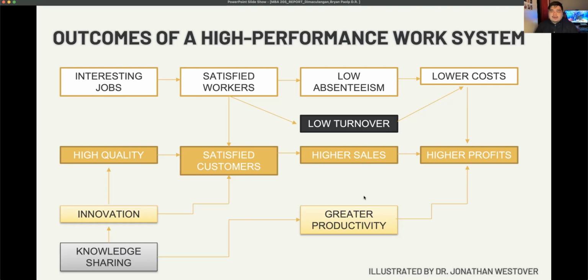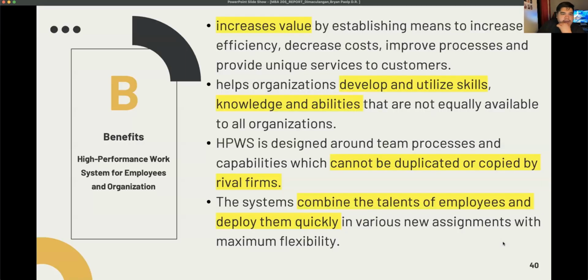And of course, higher sales and greater productivity promote higher profits. Of course, the basic principle of high performance work system is that our outcome must be higher profits. This was illustrated by Dr. Jonathan Westover.